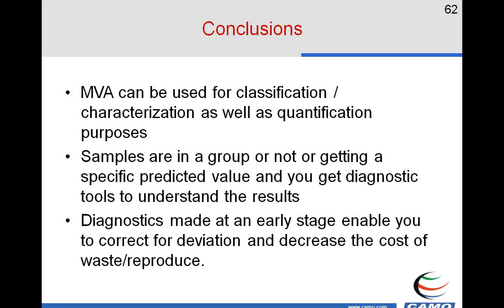And if you do the analysis at different stages in your process, and you find that something is going wrong at an early stage, then you can directly stop and correct the deviation, so that you can decrease the cost of waste or reproduction.